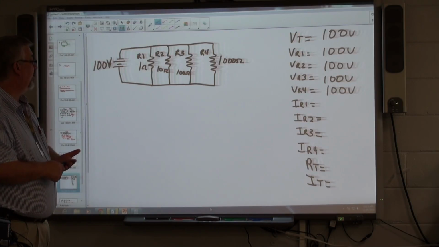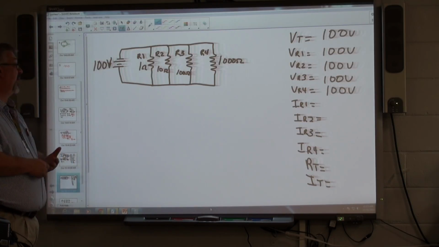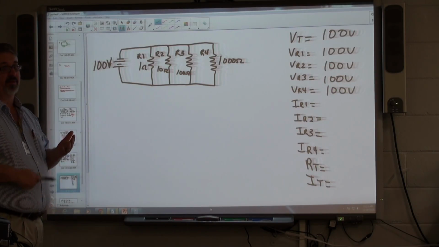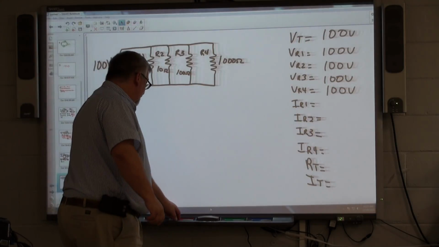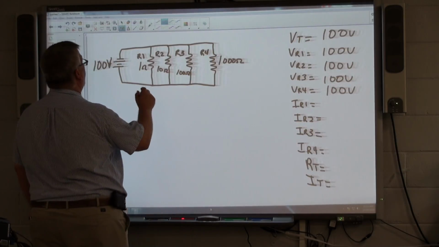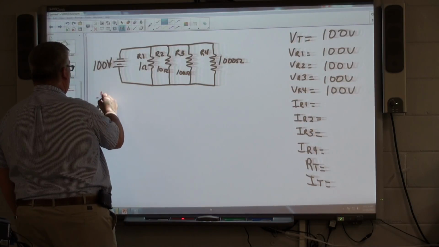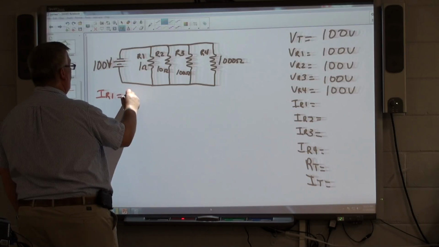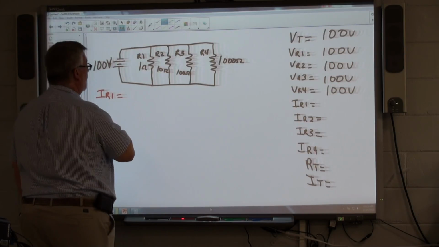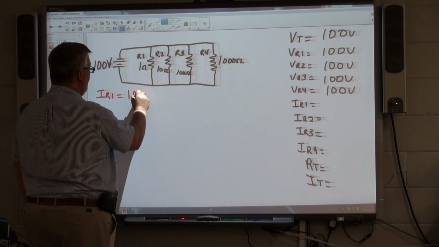So what can we calculate next? There's a couple of different ways we can go here. Y'all wanna do current first, or y'all wanna do resistance first? Current, I heard current, all right? So we'll do current of R1. I of R1 is equal to what? 100 volts, right?